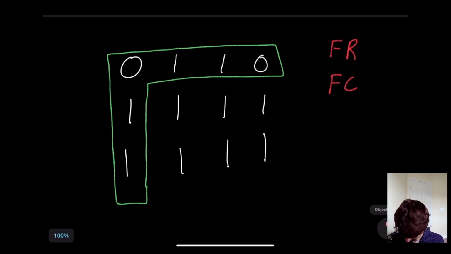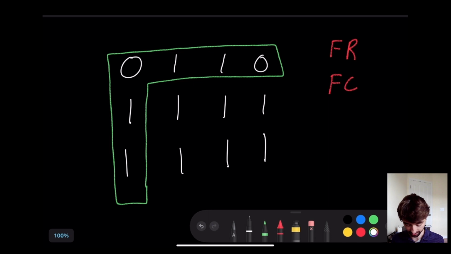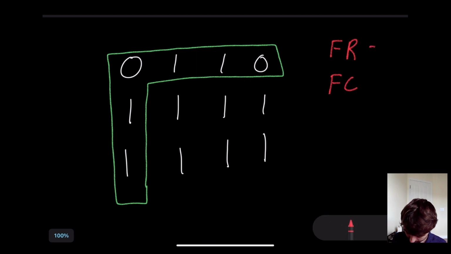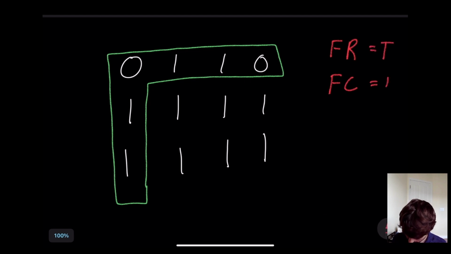So in this case, we can see straight away that the first row has zeros in it and the first column has a zero in it. So we can set both of these to true, which will come into play at the end.